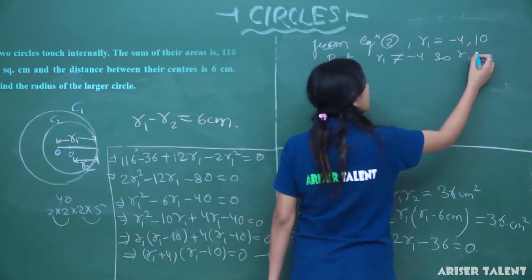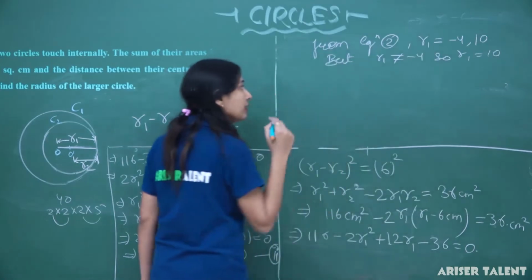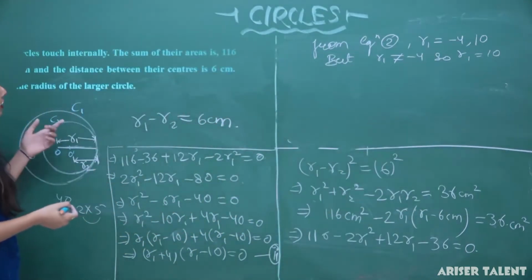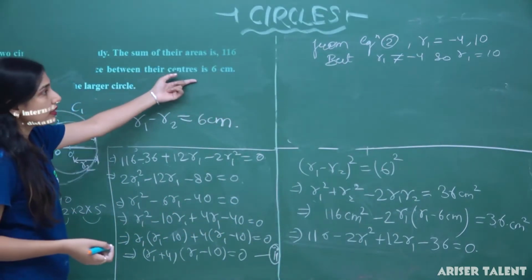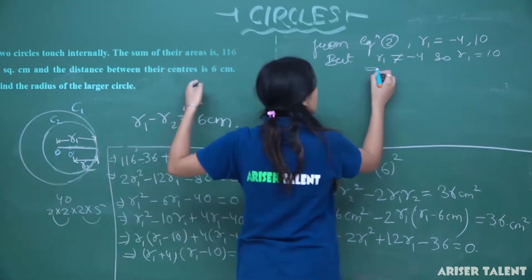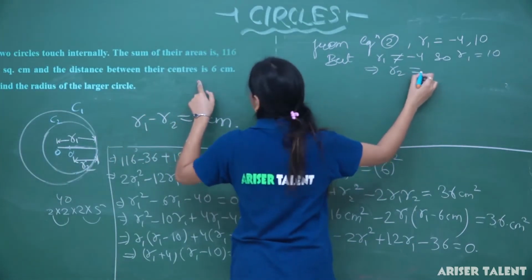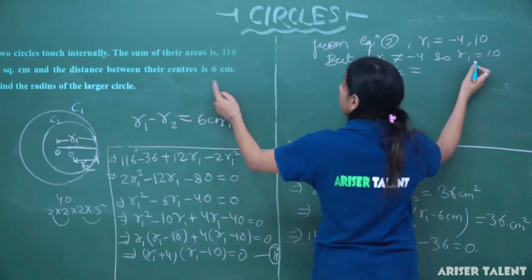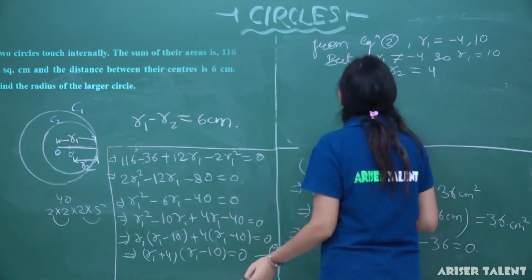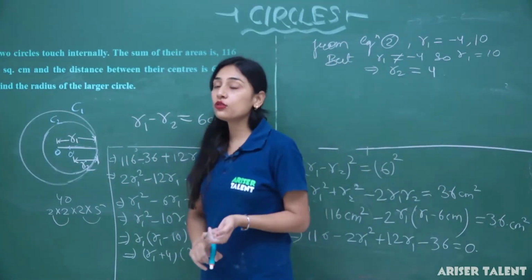So r1 equals 10. If r1 equals 10 and r1 minus r2 equals 6, so r2 will be equal to 10 minus 6, that is 4. So r1 equals 10 and r2 equals 4.